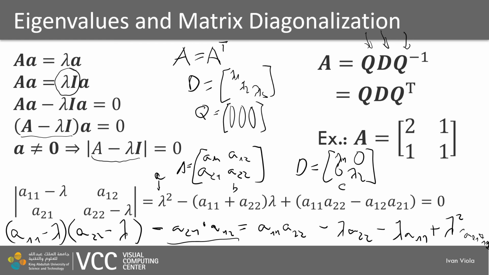For that, we can use this formula after we have obtained our lambdas. First we enter one lambda into this equation, calculate the new matrix with this lambda, and then solve a linear system where we have the two unknowns, the both components of the two-dimensional vector A, so that our multiplication is equal to 0.